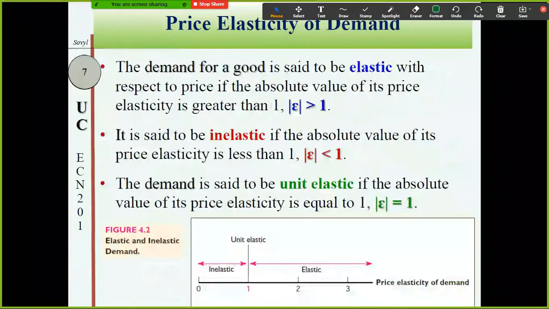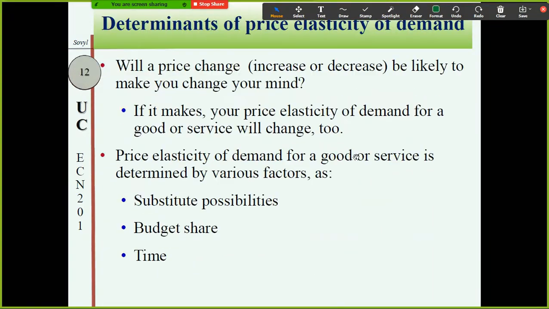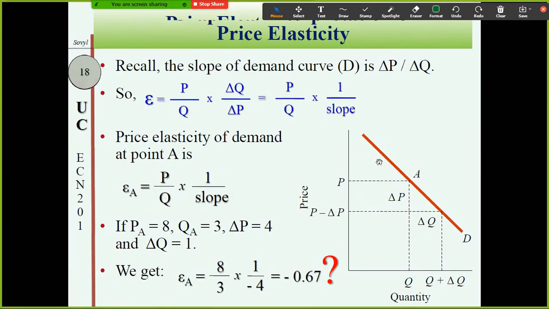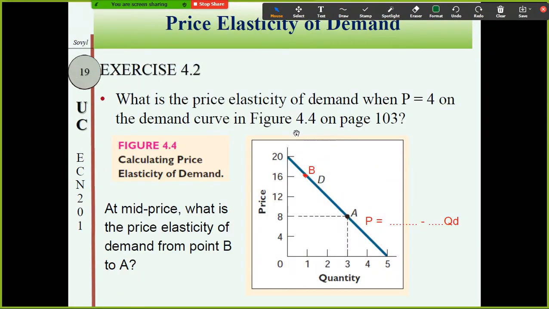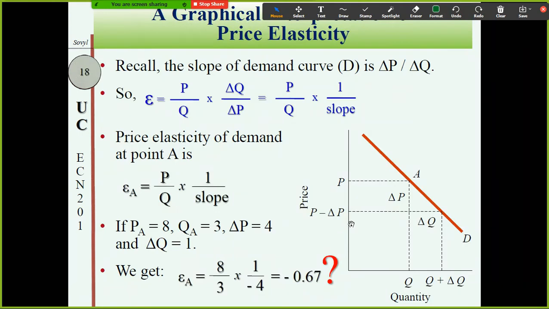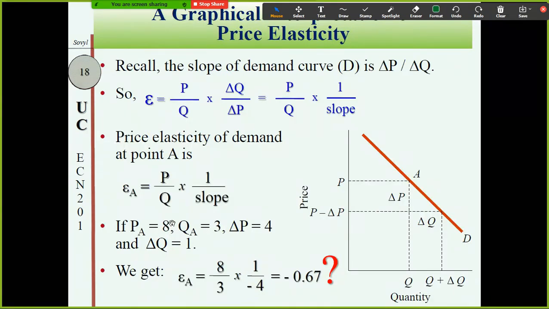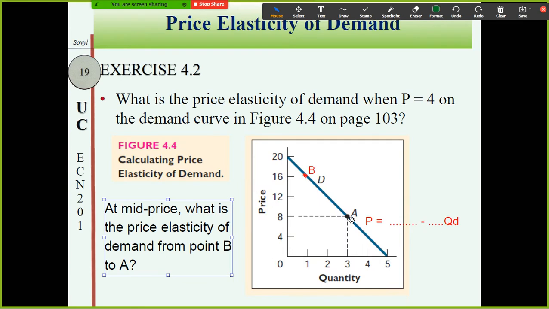We don't have 4.3 here. Is it 4.3 here? Let's see, 8.3. Okay, this is 4.3. So we can see 8.3 here: P equals 8, Q will be 3. These are the other questions on this page.